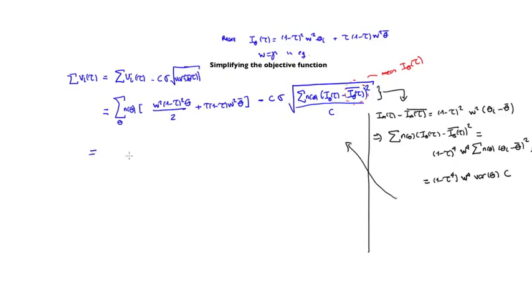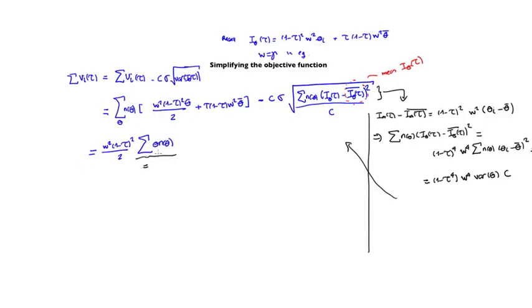This is going to be equal to, first let me do some algebra here, w squared (1 minus tau squared) theta divided by 2 times the sum of n theta theta. This is just this first term. But think about what this is.